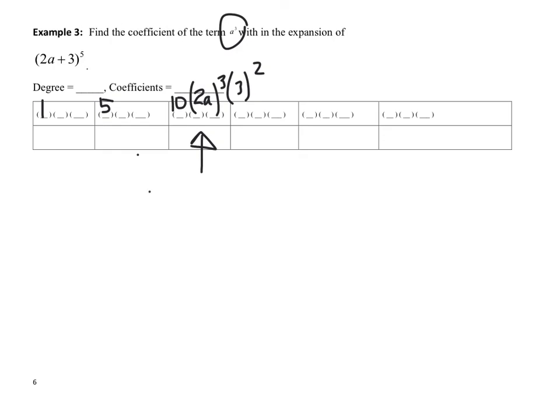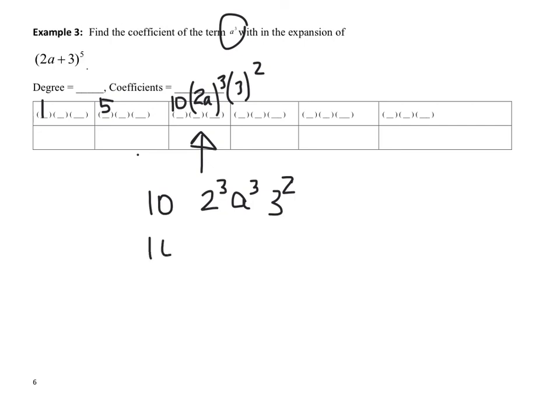So this is going to be 10. This is going to be 2 to power 3, a to power 3, and 3 squared. One common mistake is to forget to do 2 raised to whatever power. Like this one is 2 raised to power 3. And students always remember the 8 to power 3, but they forget the 2.